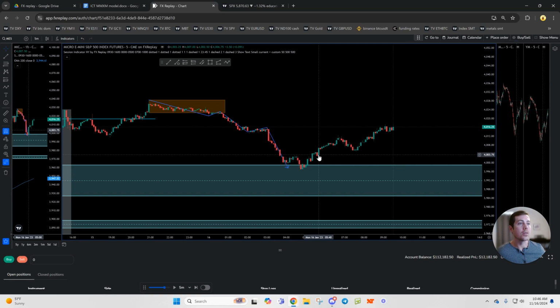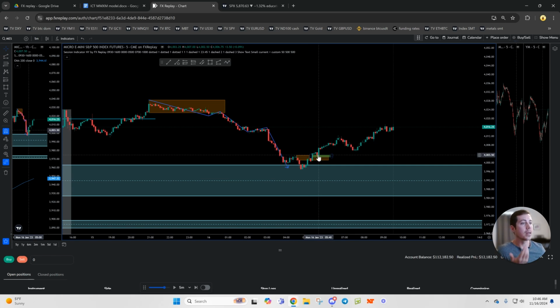I would already say the low risk buy was here. I'll just map this out for you guys so you can see exactly what I would have been looking for if I was trading. We have our breaker here, and we have an overlapping fair value gap. So unicorn model long would have been right here.